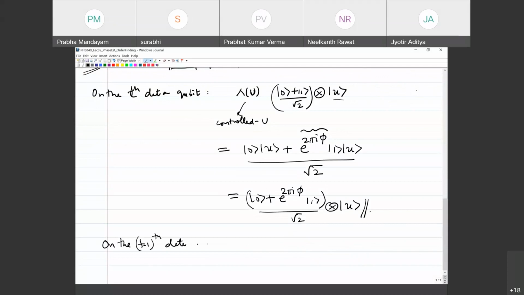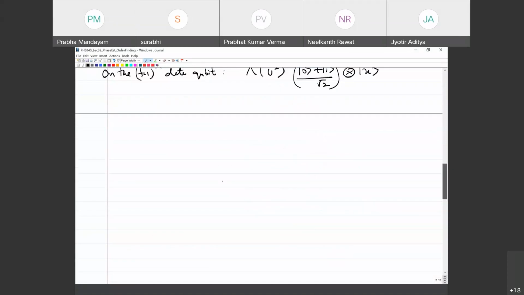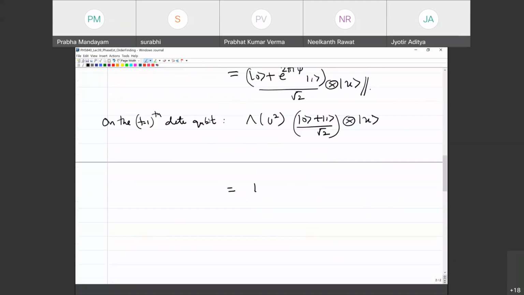I'll just do one more example and then the pattern will become clear to you. This is a control U squared operation. Once again, the control qubit is in 0 plus 1 by root 2. The target is in the eigenstate ket U. And once again, it does nothing to the target when the control is 0. When the control is 1, this has to apply the unitary U squared on the target, right?